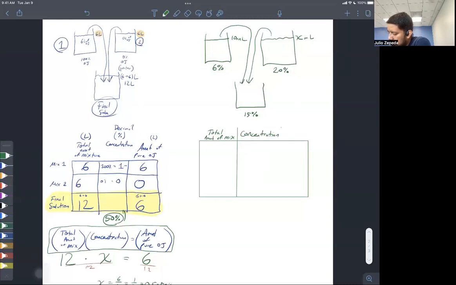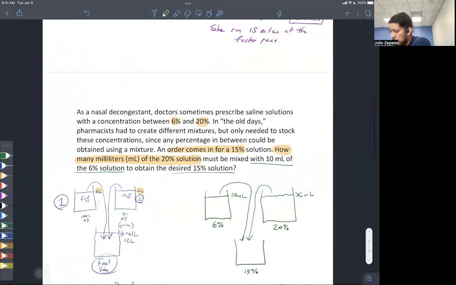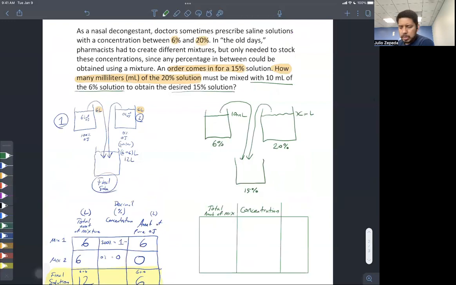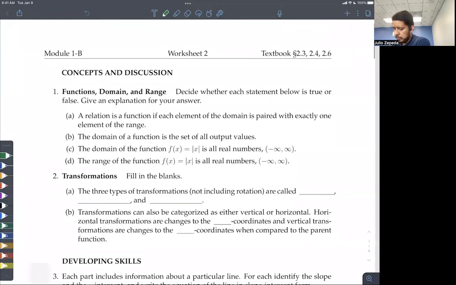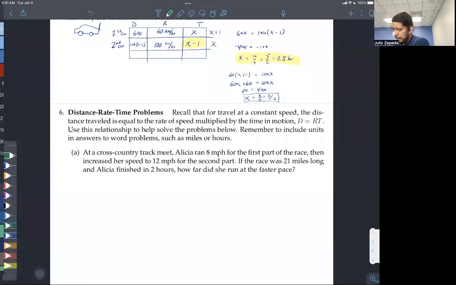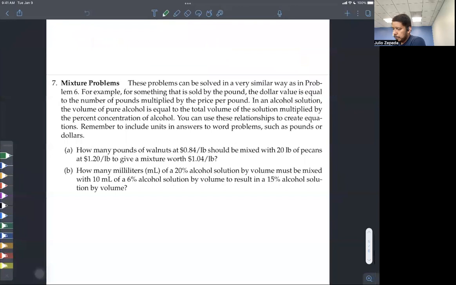And I believe on the worksheet, there's actually a suggested naming scheme here. Oops, wrong worksheet. Here we have, in an alcohol solution, the volume of pure alcohol is equal to the total volume of the solution multiplied by the percent concentration, right?